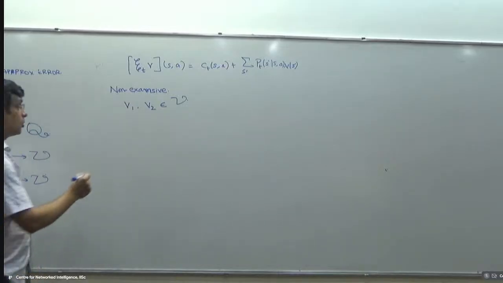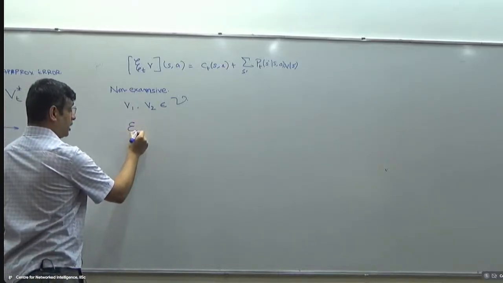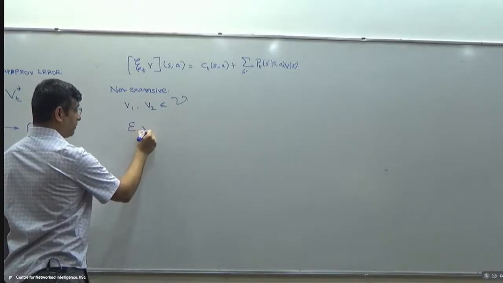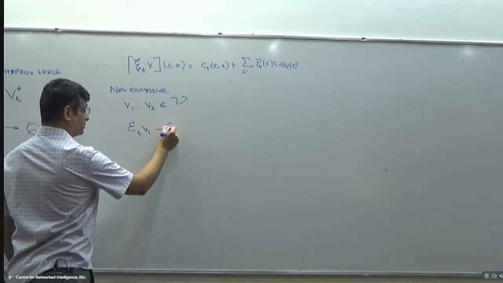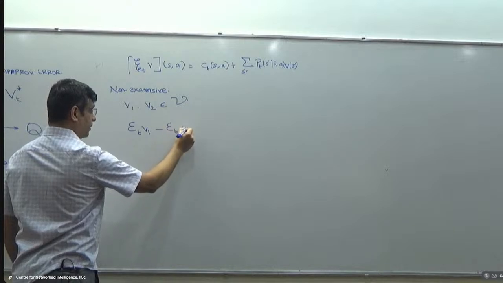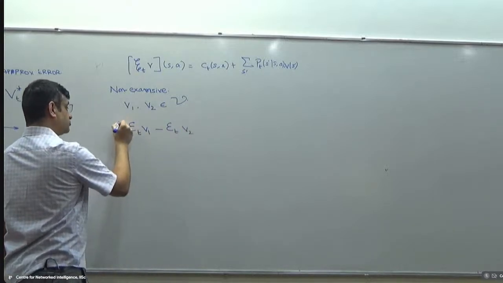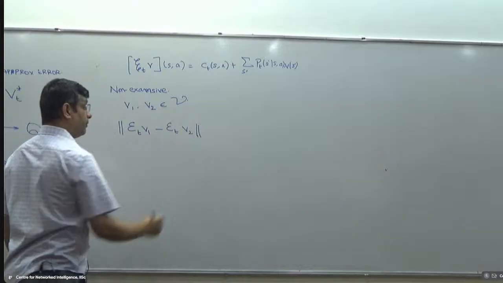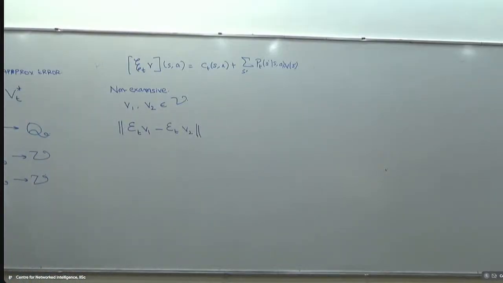I look at the environment operator applied on V1 minus the environment operator applied at V2, and I ask what is the maximum difference between these two quantities.